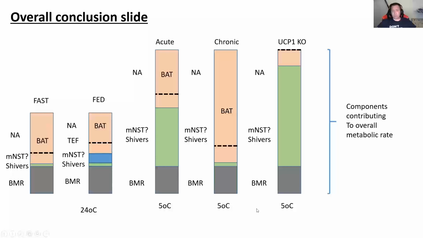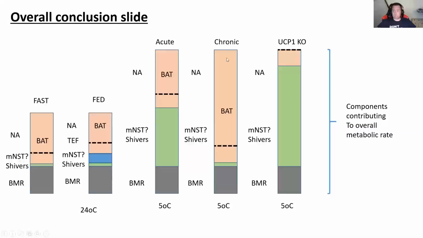And then if we move to the cold, you will get a big increase in metabolic rate, but that will not be involving the same components at the same time. Acute cold exposure is heavily driven by shivering and potentially some muscle non-shivering thermogenesis. It's still a bit controversial if this really exists, as well as some BAT and your BMR.